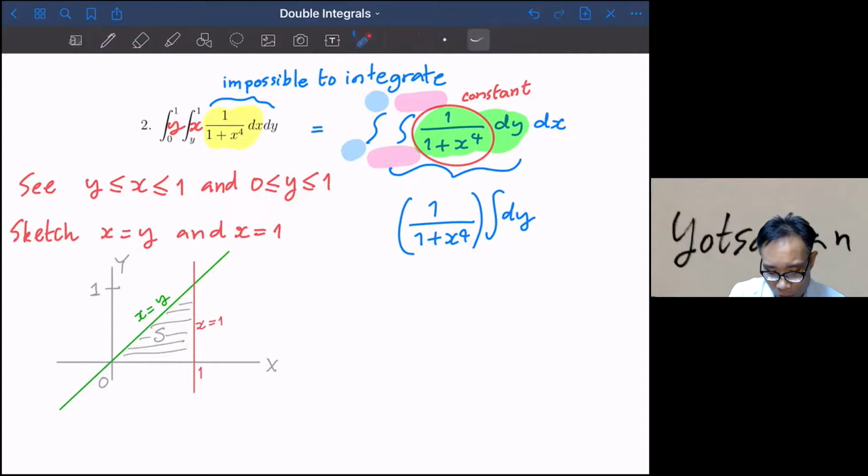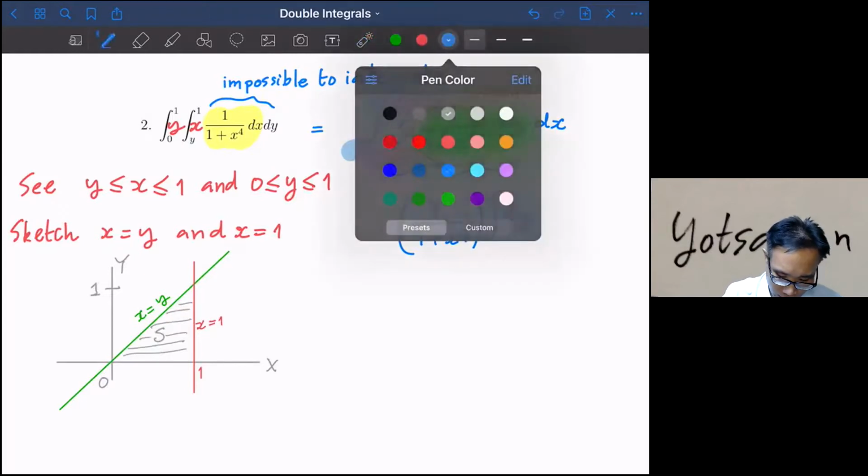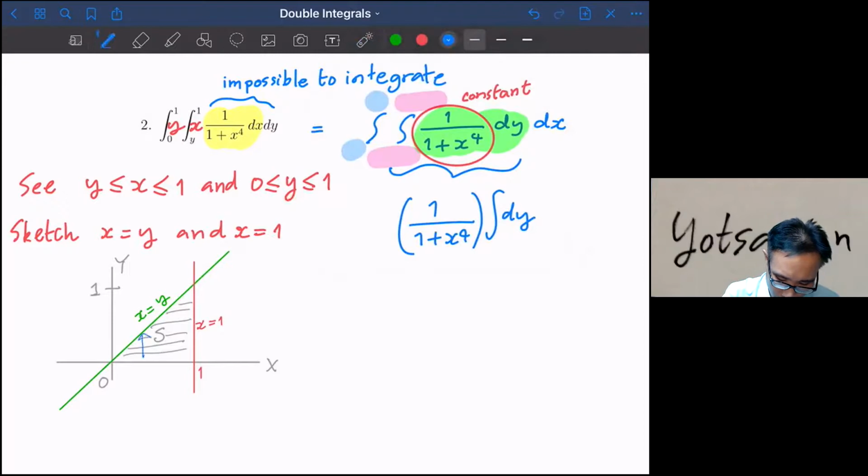But we will need to reverse the order. So you must have y run first. So y in this case will run vertically, in this direction. So it's going to come from this line to the green one.